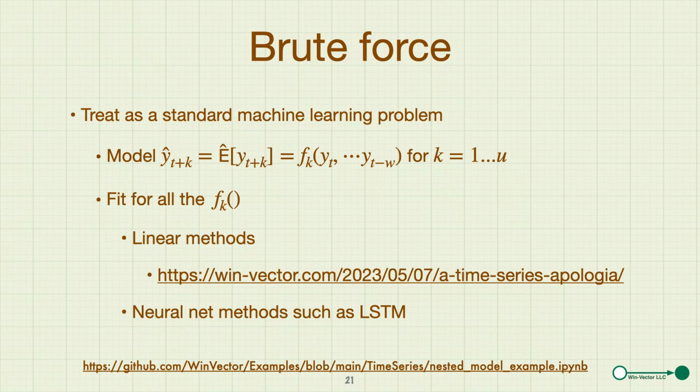In this case, a k time out prediction is just a direct function. So we fit one function to fit 1 tick out, another one to fit 2 ticks out, and another one to fit 3 ticks out. This gives us a sort of album of models, which really hurts explainability, but it's actually a very effective method, and a lot of the neural net systems do use this sort of thing as they convert the time series problem to a series of basically predictive analytics machine learning problems.